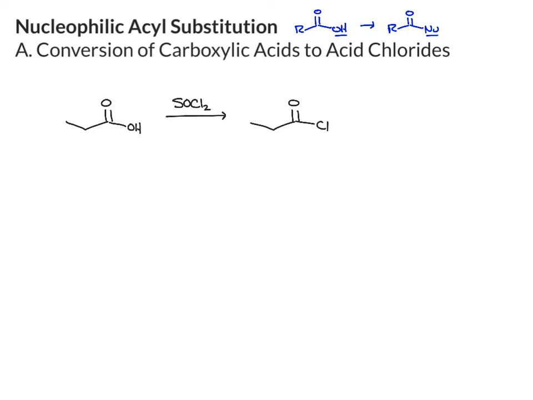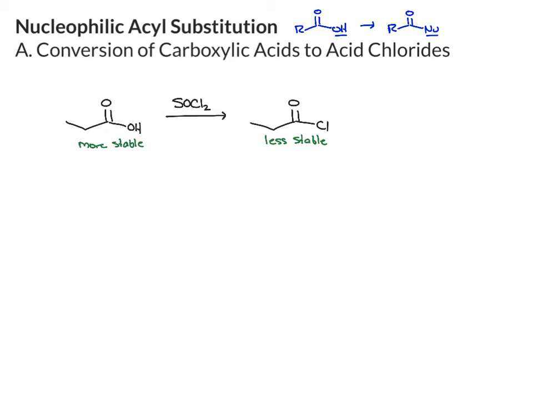Now in the realm of stability, in terms of the carbonyls, the carboxylic acid is actually more stable, and the acid chloride is less stable. And that's something we're going to learn about more in the next chapter. So how do we end up getting something less stable from something more stable?